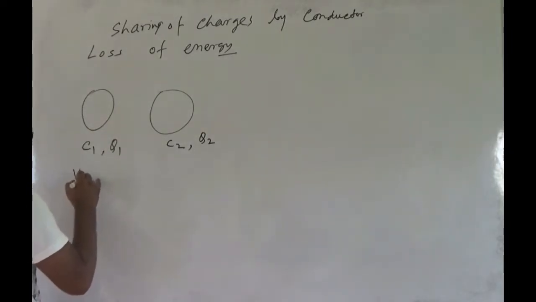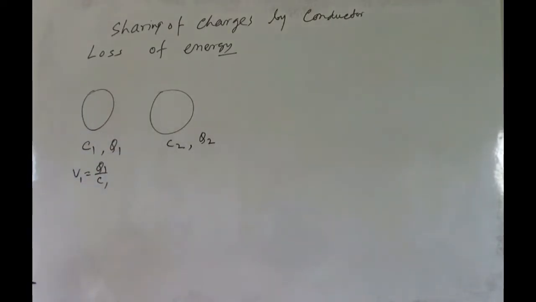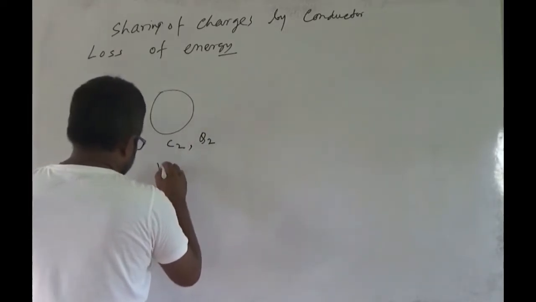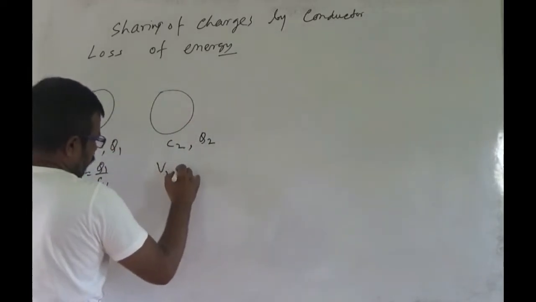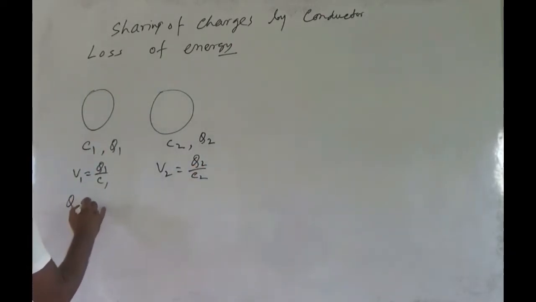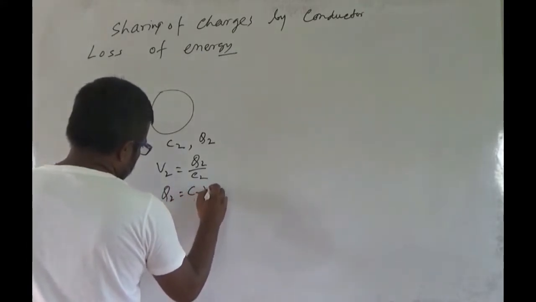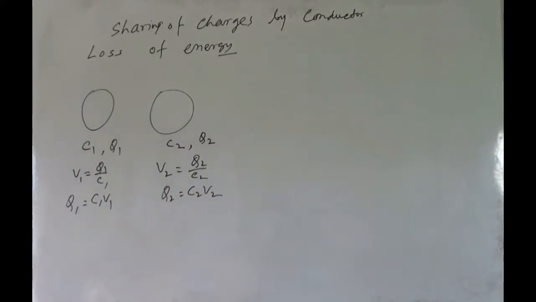Therefore, V1 will be equal to Q1 by C1, that is the potential of this conductor, and the potential of this conductor will be V2 equals Q2 by C2. Or we can say Q1 is equal to C1 V1 and Q2 is equal to C2 V2, right?